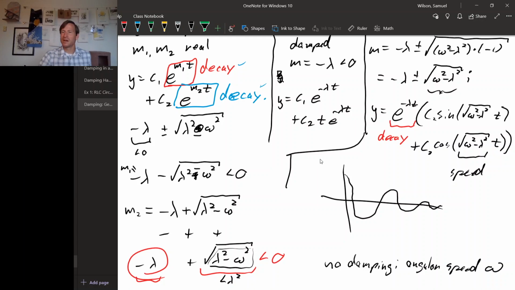But with damping, the angular speed is the square root of omega squared minus lambda squared. And remember, lambda has to be positive, so this speed is actually a little bit less than the so-called natural angular speed, which is omega. So it turns out damping slows down the oscillation a little bit, in addition to making the amplitude decay.